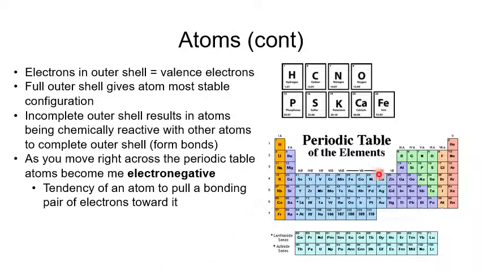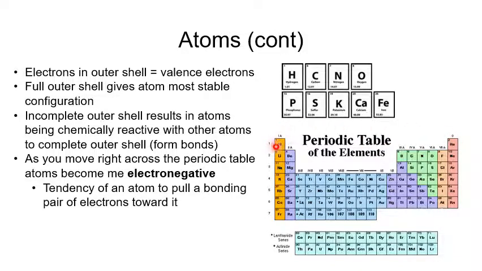So the amount of electrons determines kind of the reactivity of these atoms, and specifically the outer electrons determine it. So something like lithium. Lithium has 1 electron, 2 electrons.